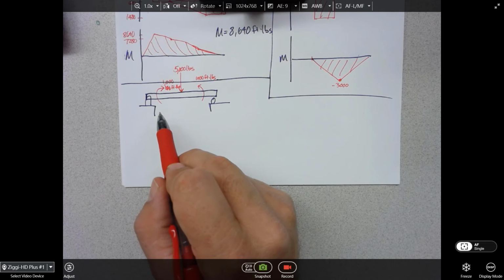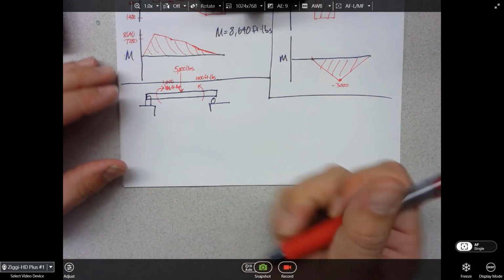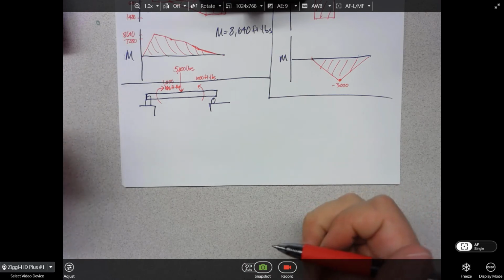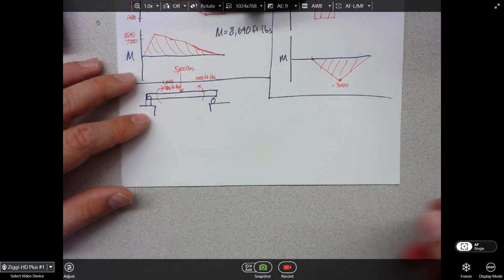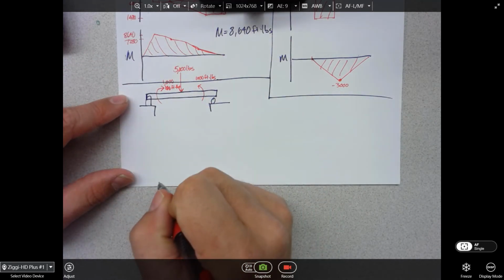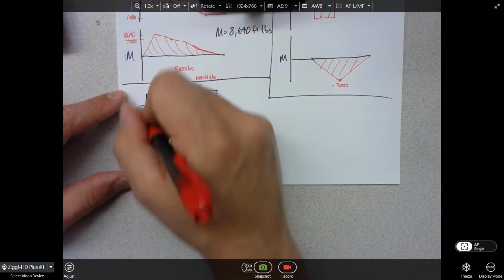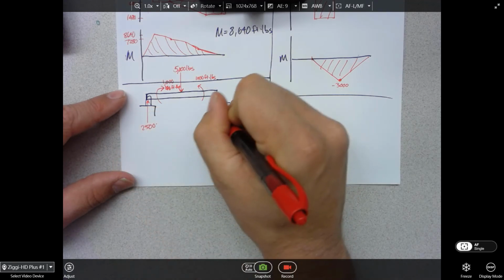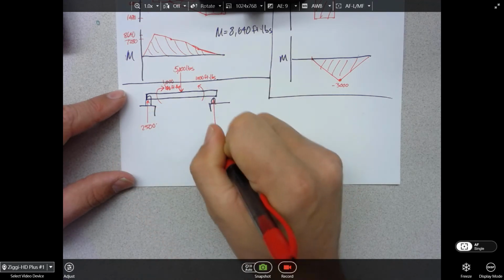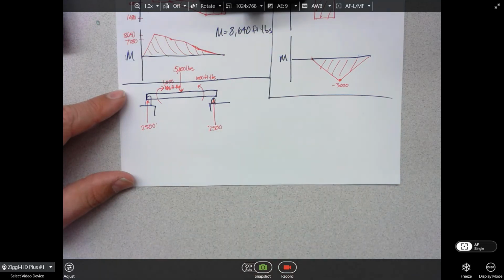Okay. Yeah, so it does stuff, right? It changes things, okay? So what would the reactions in this guy be at A and B? They're each 2,500.